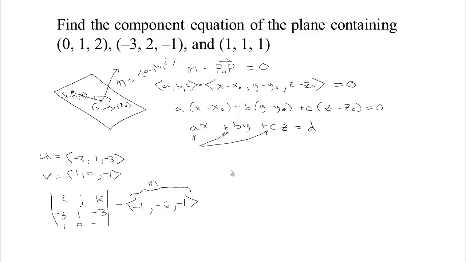Then we can find the equation of the plane by dotting our normal, -1, -6, -1, with this vector. We could use any one of these points. It just has to be some point p naught in the plane. We'll just use this one, maybe. So x minus 0, y minus 1, and z minus 2.